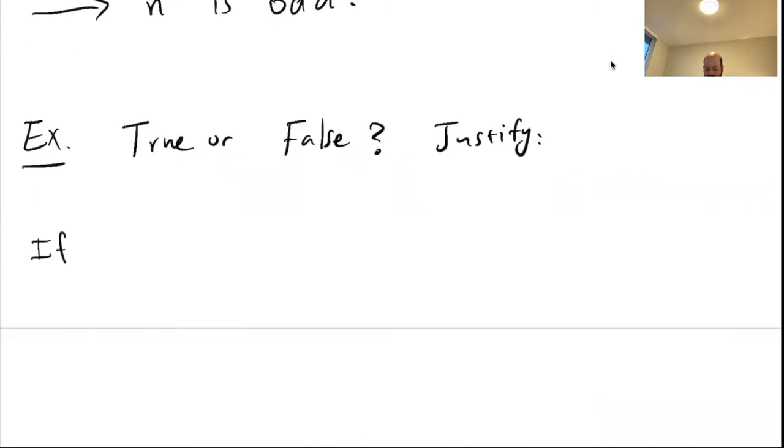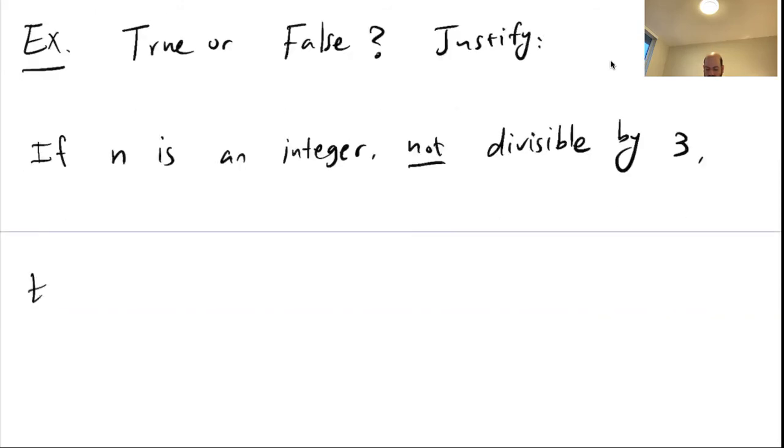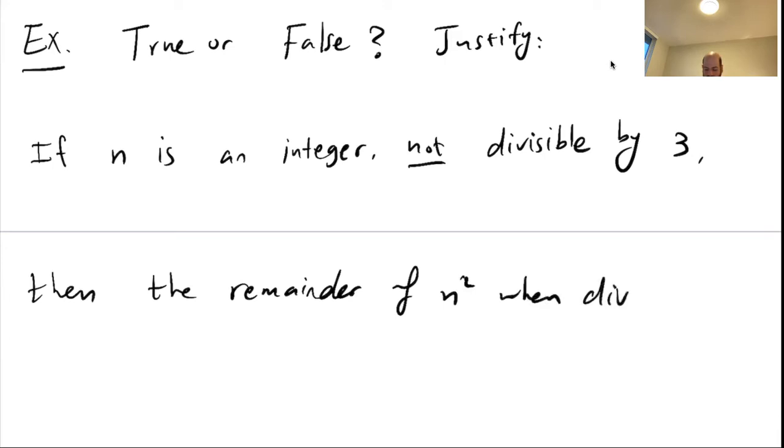Let's say if n is an integer not divisible by 3, then the remainder of n squared when divided by 3 is 1.